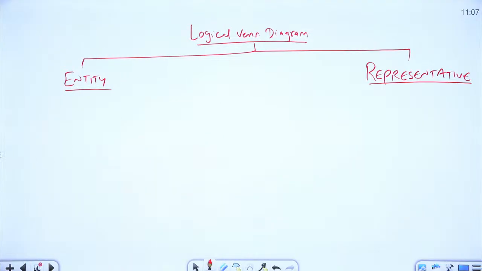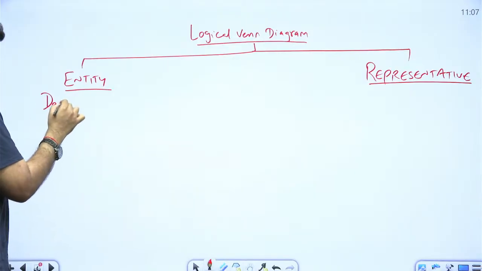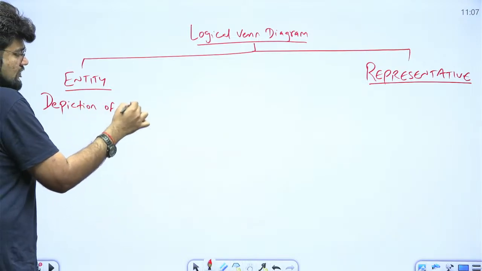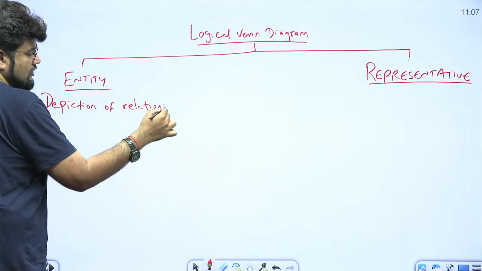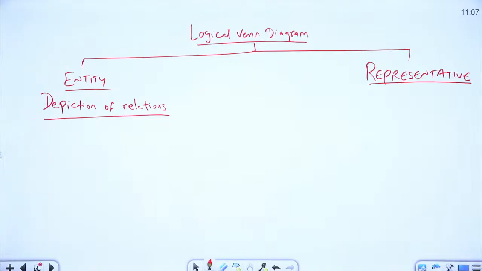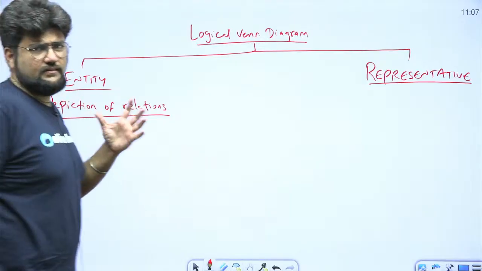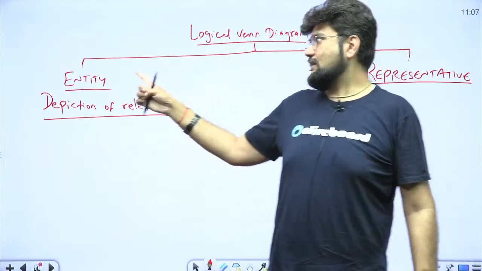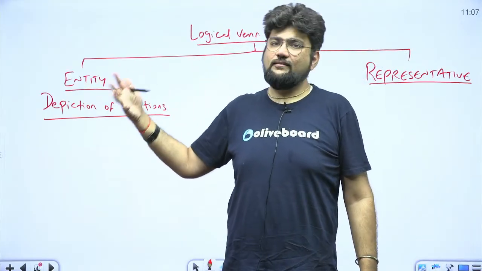Under the entity based Venn diagram, what exactly is going to be asked? They will talk about relationships, the depiction of relations. They usually give you three words, three entities, three elements, one and the same thing.